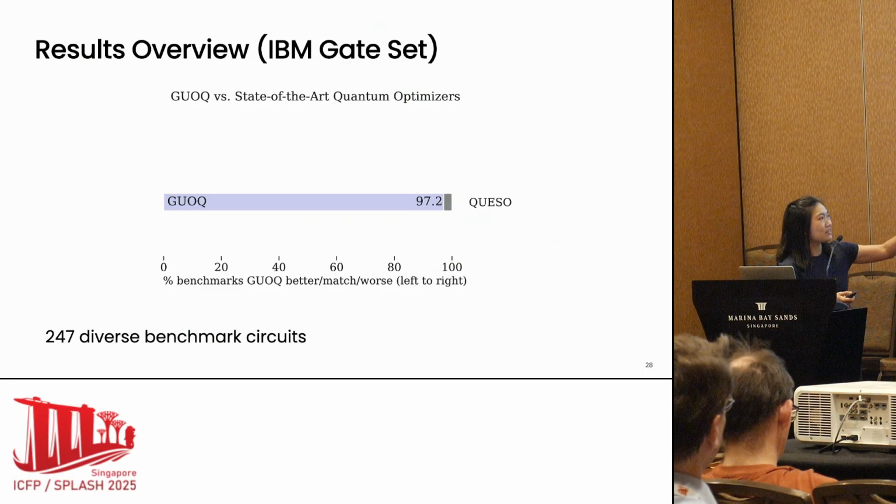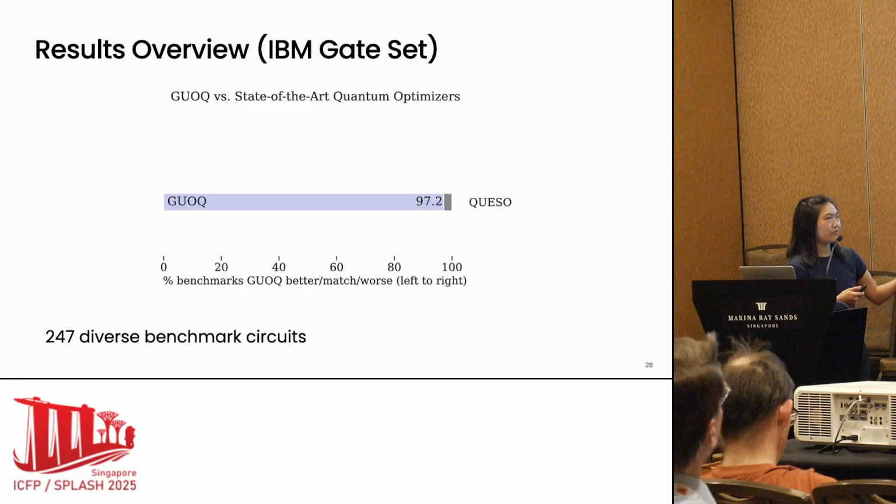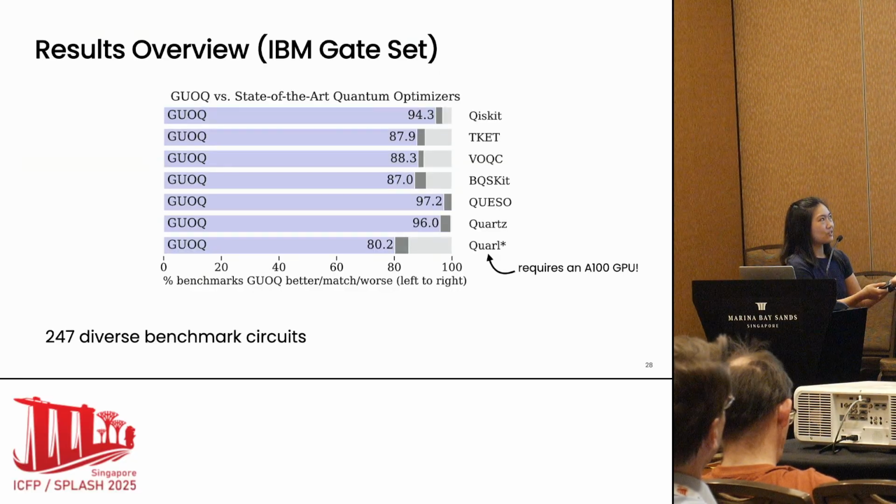And compared to the first one that just uses rewrite rules and simple beam search, the blue here is the percentage of the benchmark suite that the tool does better. And then the darker color is matching, and then it's never worse. And then the story extends to all these other state-of-the-art optimizers as well, importantly, one that uses some expensive hardware.